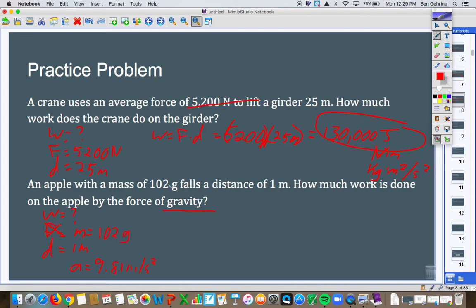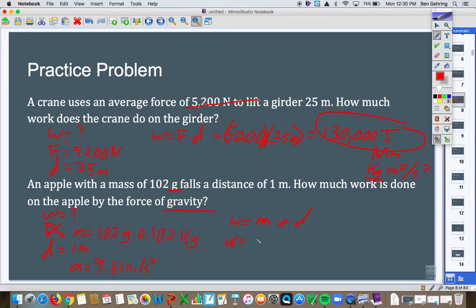Now, an important thing we need to remember is up here we have kilograms times meters squared per second squared. So this grams has to be converted to kilograms. So 102 grams is the same as 0.102 kilograms, and then I can set up work equals mass times acceleration times distance.